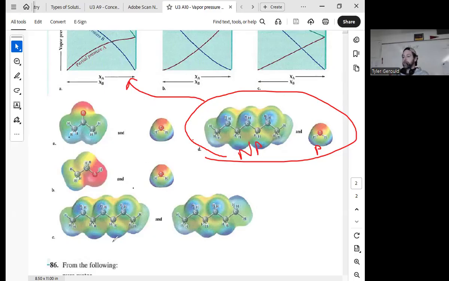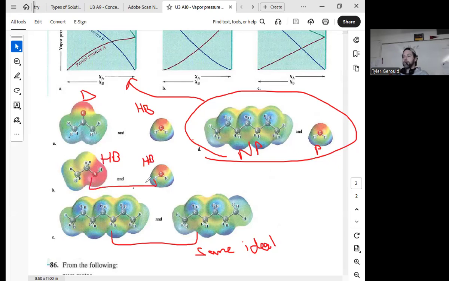Whereas anytime they have the same type of intermolecular forces, both LDFs, even though they're both kind of the same structure, this is the one that's going to be the most ideal. There's not a whole lot of difference between these. And then we have dipole versus hydrogen bonding, and then hydrogen bonding and hydrogen bonding.